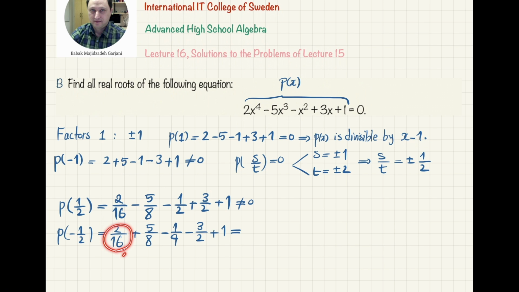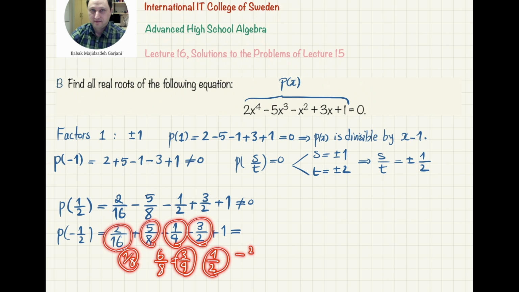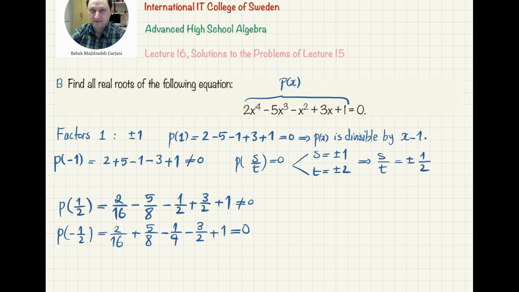So this is 1 over 8. 1 over 8 plus 5 over 8 is 6 over 8, which is 3 over 4. 3 over 4 minus 1 over 4 is 2 over 4, which is 1 over 2. 1 over 2 minus 3 over 2 is minus 2 over 2, which is minus 1. Minus 1 plus 1 is indeed 0. So this means that p of x is divisible by x minus minus 1/2, which is x plus 1/2.